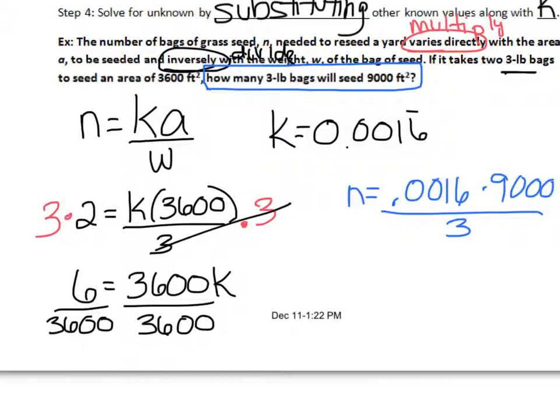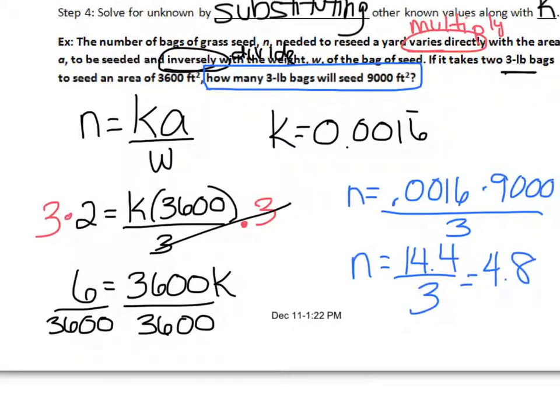So now we're going to multiply 0.0016 times 9,000. So now you should have that N equals 14.4 over 3. Divided by 3 gives you 4.8.